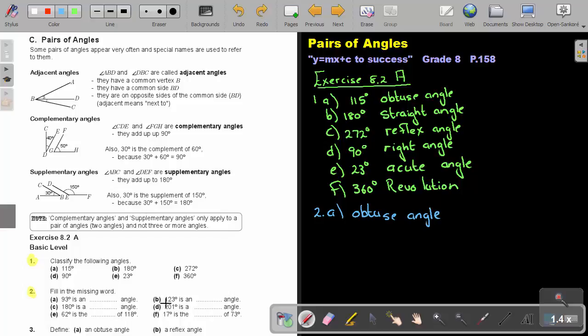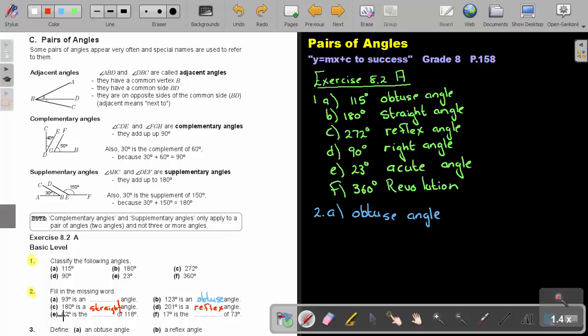Number B, 123 is also between 90 and 180, so it's also an obtuse angle. 180 is a straight angle. And 210 is bigger, between 180 and 360, so we call it a reflex angle.